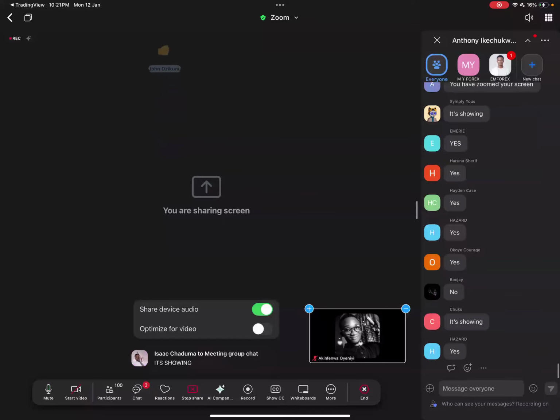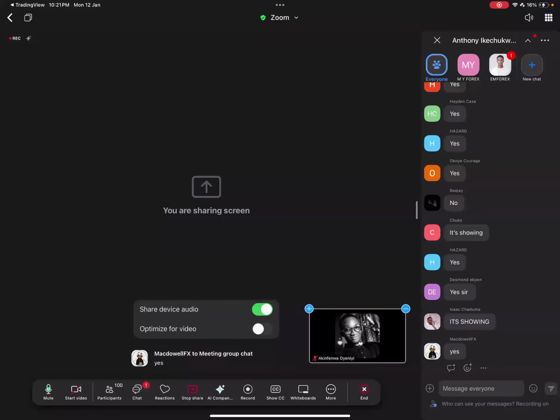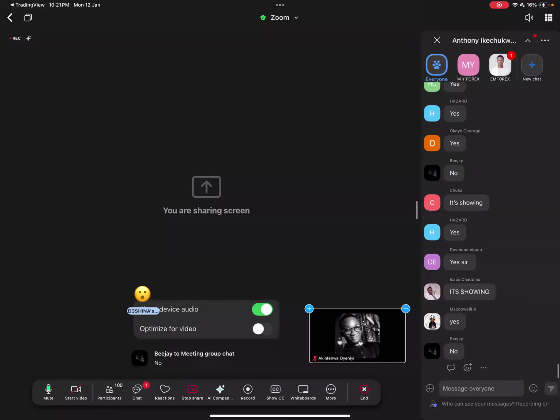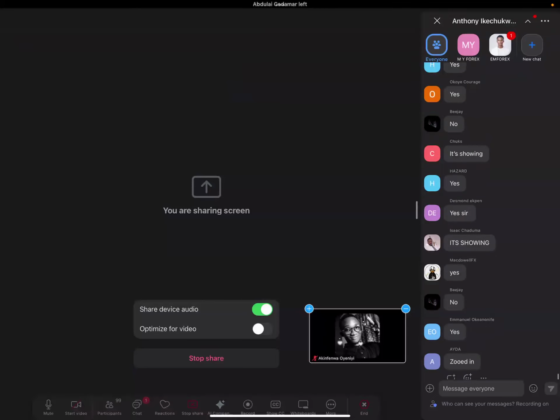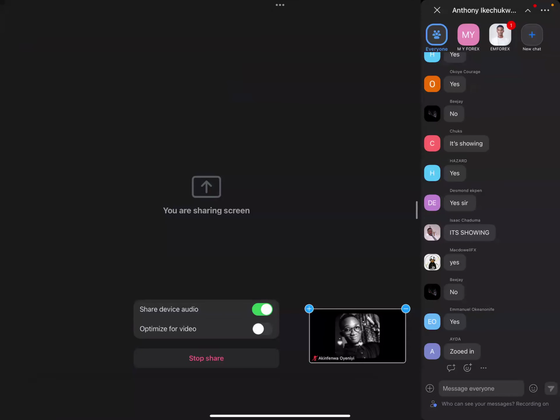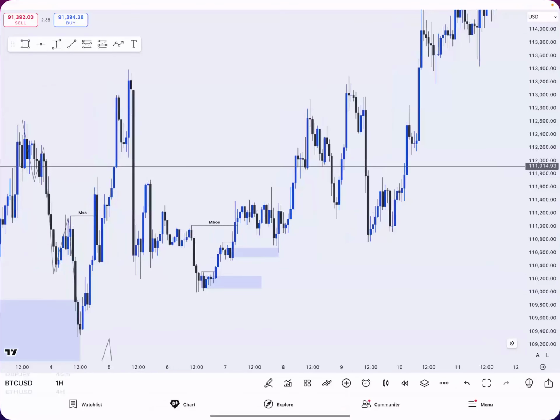So yeah, you guys understand what I'm trying to explain. When it comes to trading break of structure, ensure you trade the one that takes out more than one zone. Those are the ones that would most likely tap into your POI. Do you understand what I mean? Another example of a multiple break of structure.